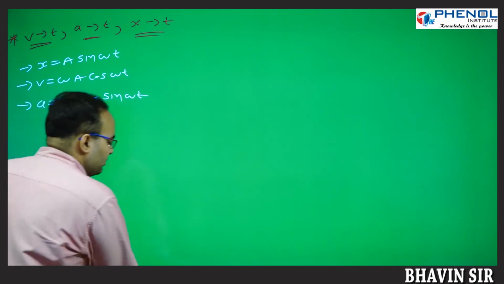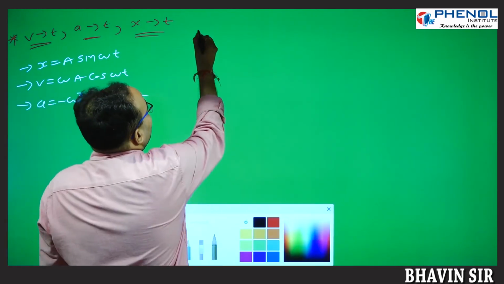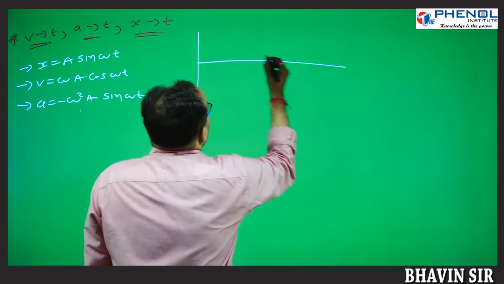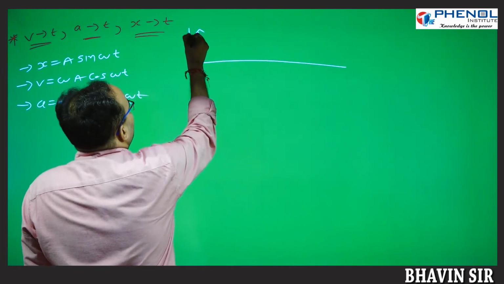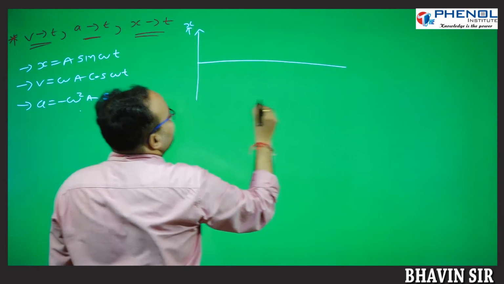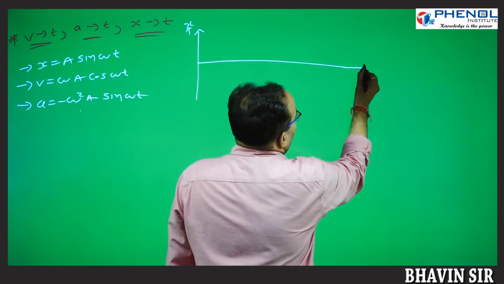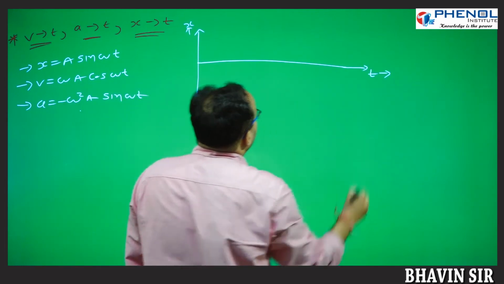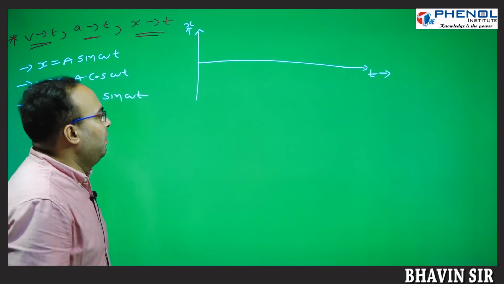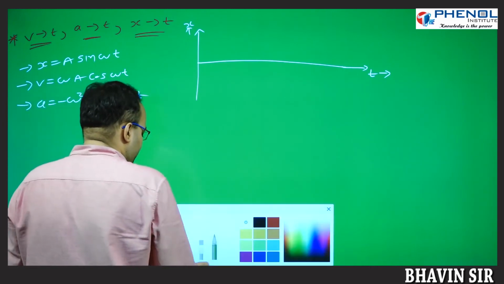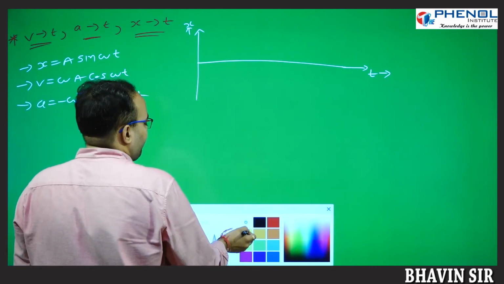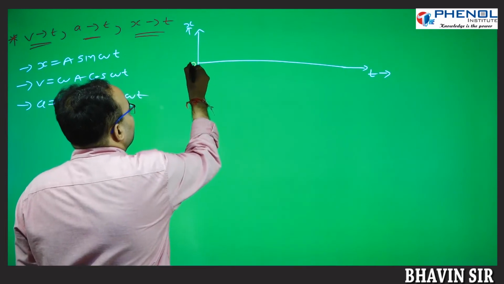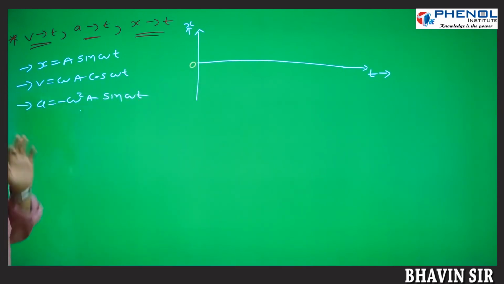So first we draw the graph of displacement versus time. Here we write x, here we write time. What is the equation of displacement?